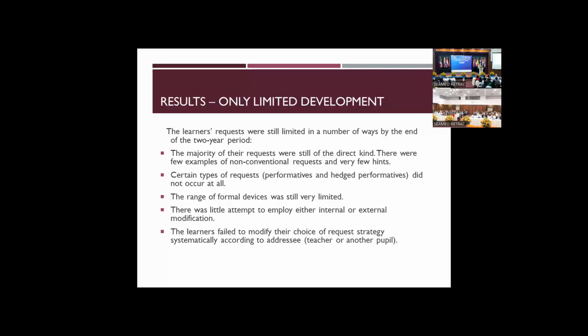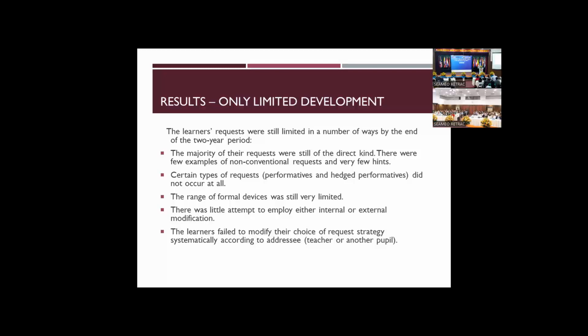There was no attempt to employ either internal or external modification. We can use internal modification by saying, would it be possible if, using words like possible, right? Or we can modify statements by saying, I think it would be, etc. Very, very, very, didn't occur, basically.